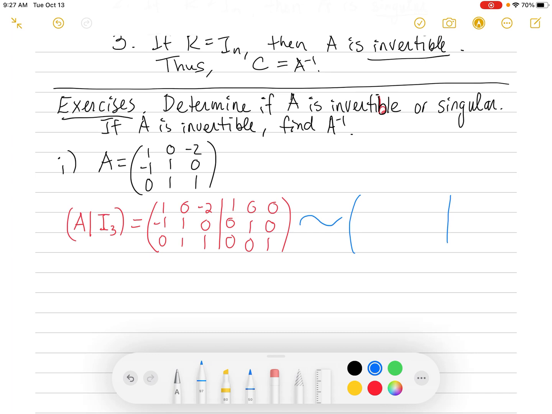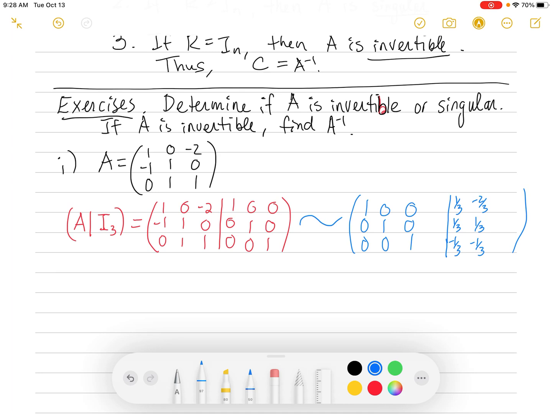So my outcome here is, let's see, 1 0 0 0 1 0 0 0 1, and then 1/3 1/3 negative 1/3, negative 2/3 1/3 negative 1/3.